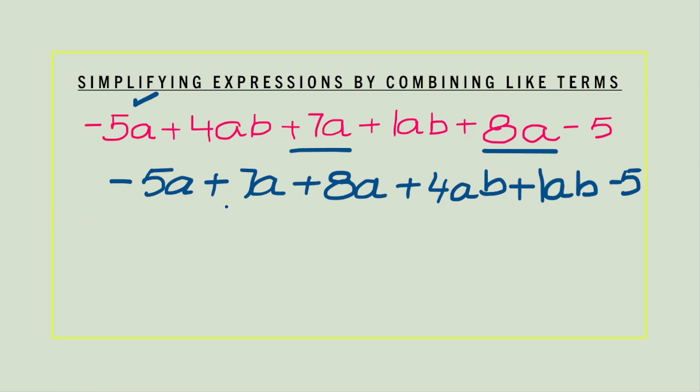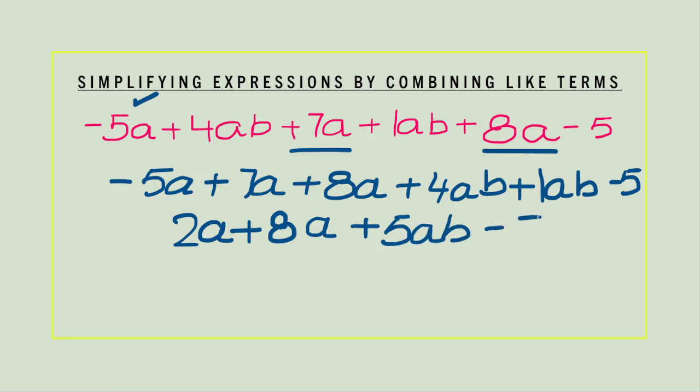So minus 5a plus 7a is 2a. If you want, you can solve in one step. If you feel like you have to write or solve one step at a time, feel free to do so. I can here easily combine 4 plus 1, 5ab, minus 5.